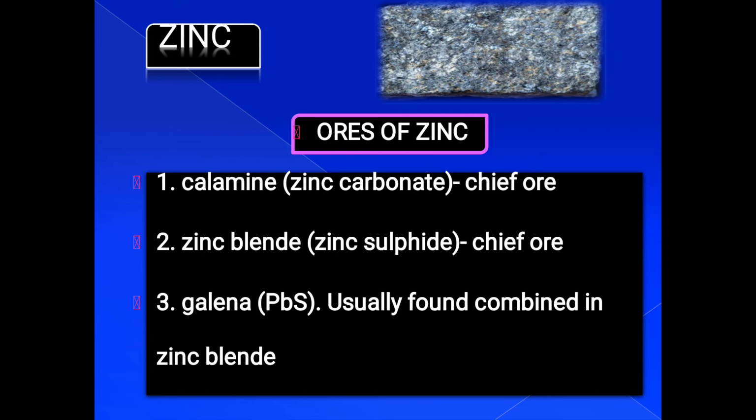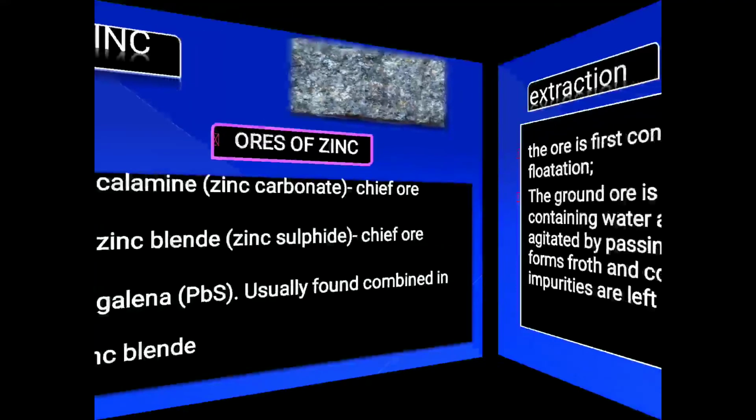Zinc blende is basically zinc sulfide, which is also a chief ore. And then we also have galena. Galena is lead sulfide, usually found combined in zinc blende. So anytime we have zinc blende, it is very likely that we will also find galena combined in it.